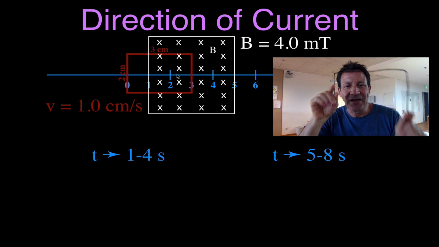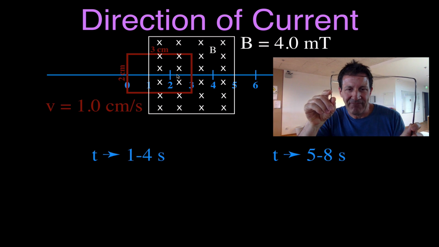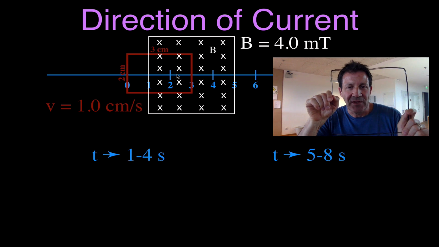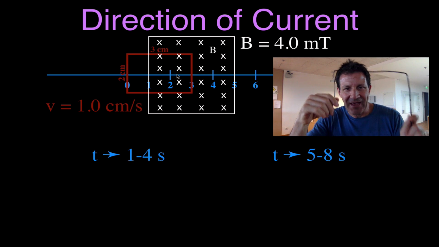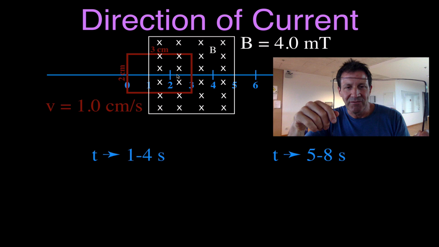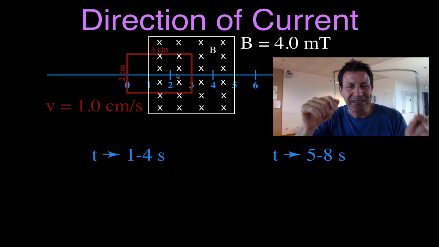Well, the coil doesn't like it when the magnetic field or the flux is changing. So it produces a current to counteract that changing magnetic field. It's increasing in.